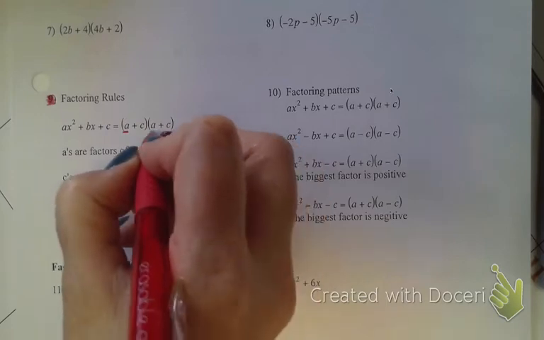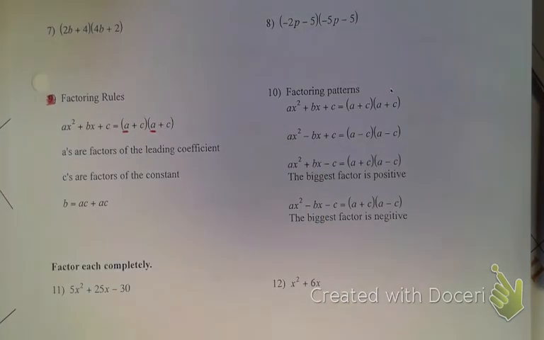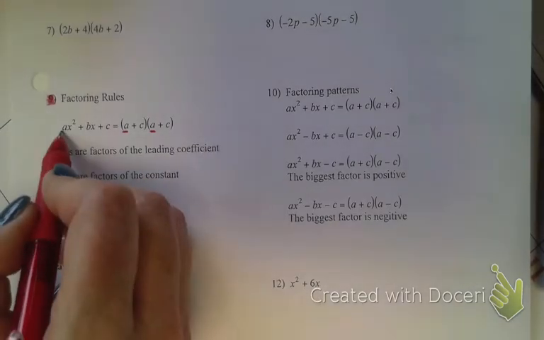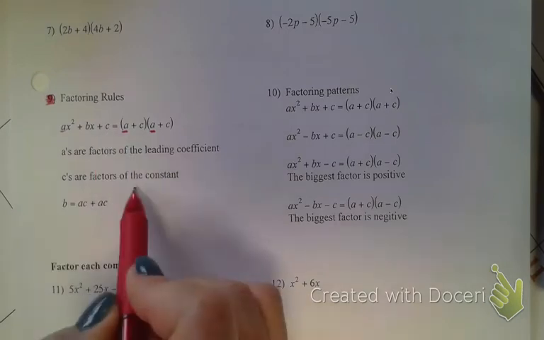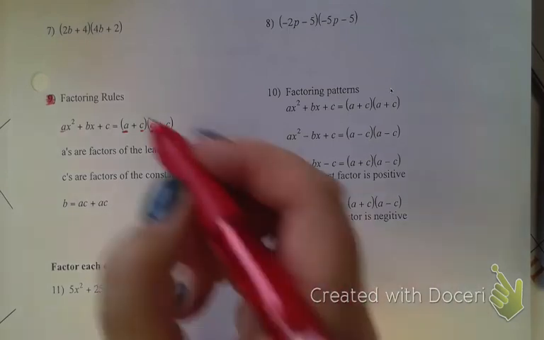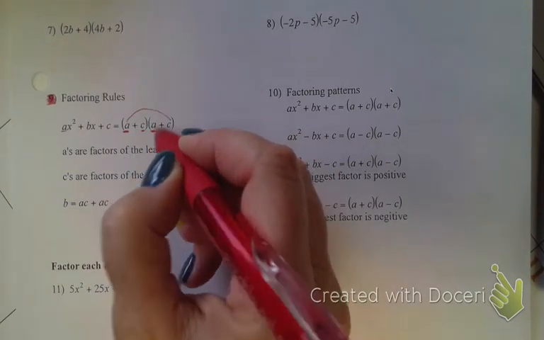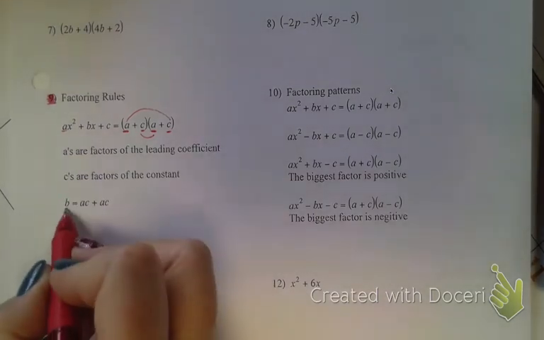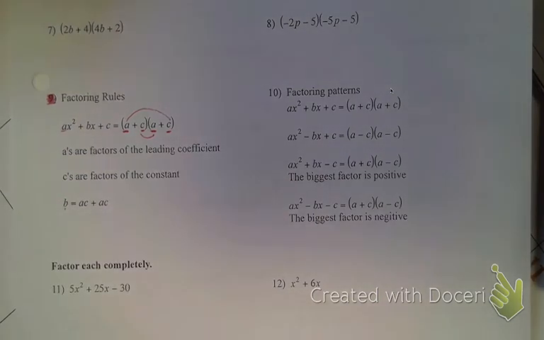This position and this position are the factors of a. A's are the factors of the leading coefficient. C's are the factors of the constant. And A times C plus C times A gives you B every single time. Never changes.